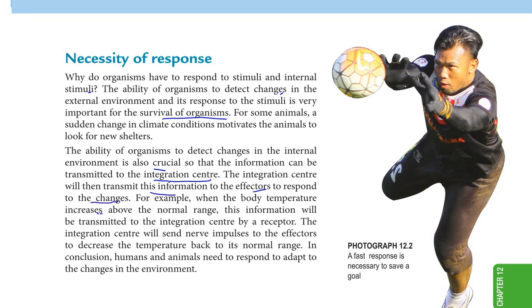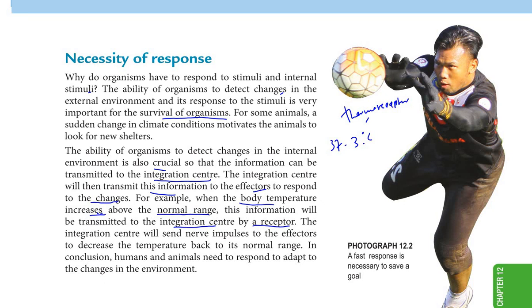For example, when the body temperature increases above the normal range, maybe 37.3 degrees Celsius, this information will be transmitted to the integration center by a receptor. The receptor here is the thermoreceptor. The thermoreceptor will detect the increase in body temperature, then send the impulse to the integration center through the sensory neuron.